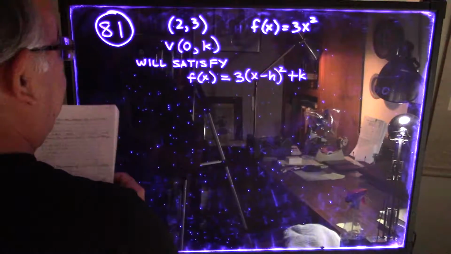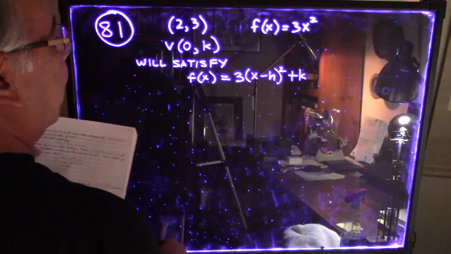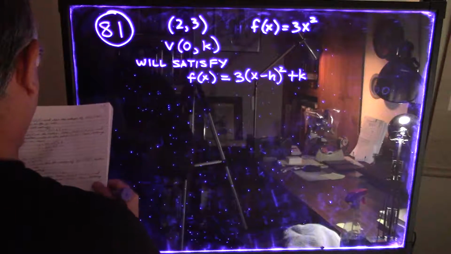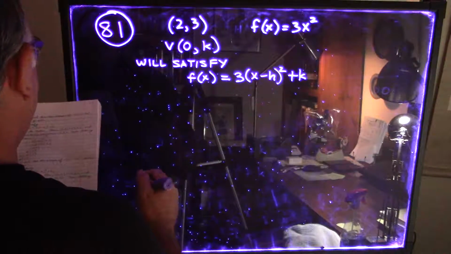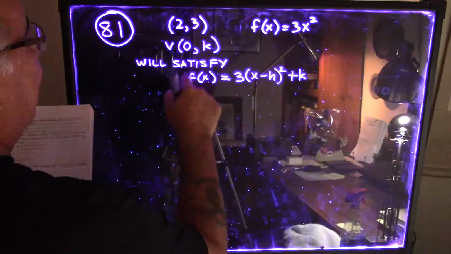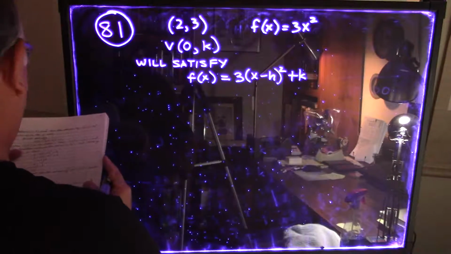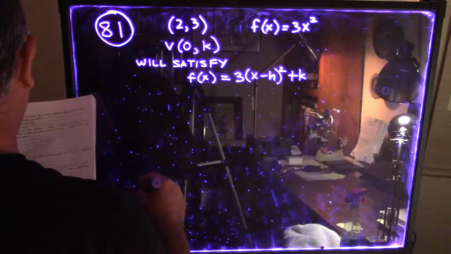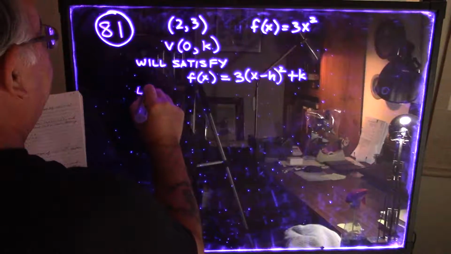Alright, and of course again hk is the vertex. I won't bother writing that down like I did in my last problem. So hk is 0k, and the function contains that point. So let y equal f of x.